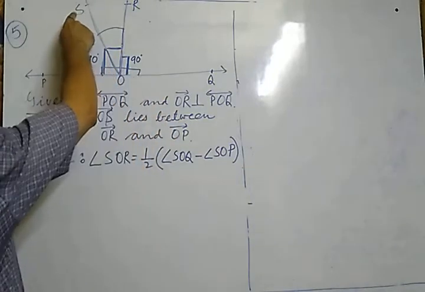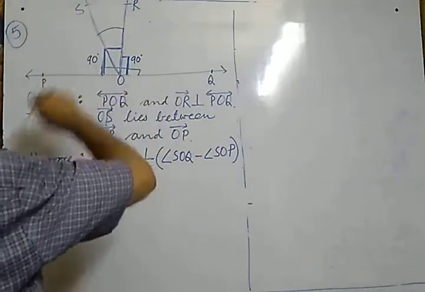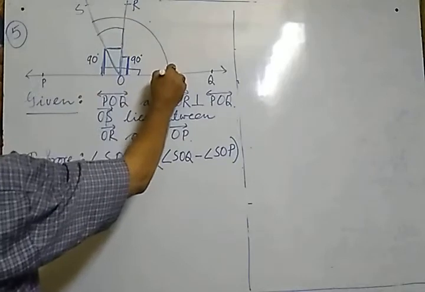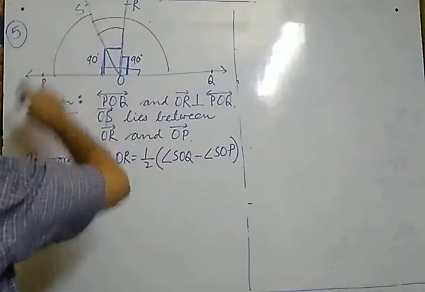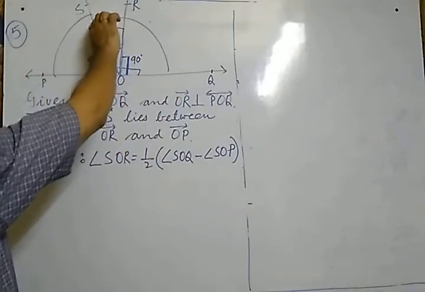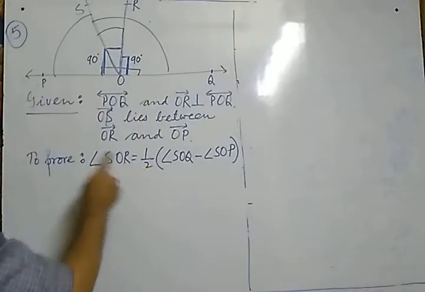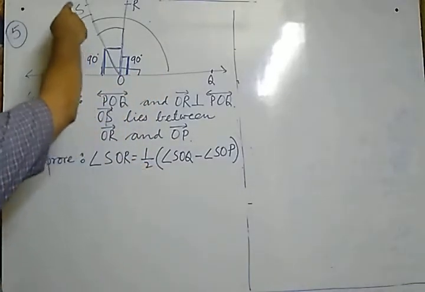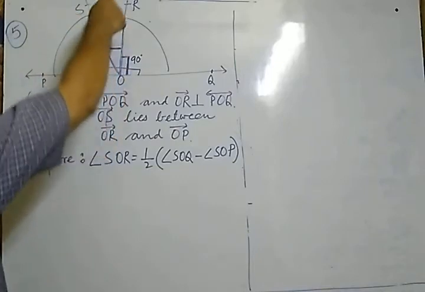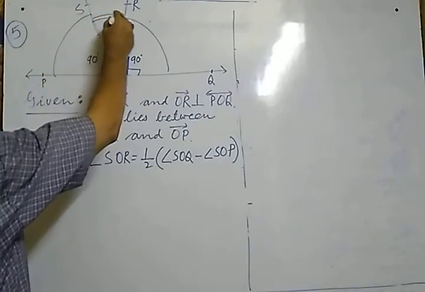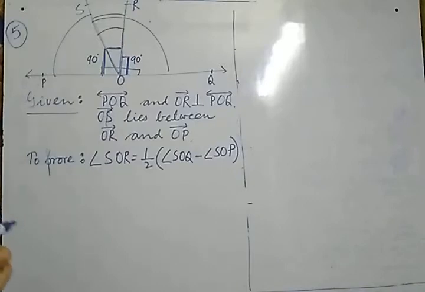SOQ means we are talking about this angle and about this angle. So this angle will be subtracted from this angle. Whatever comes, that will be divided by 2, and that will be equal to angle SOR, this angle. This is to be verified here.